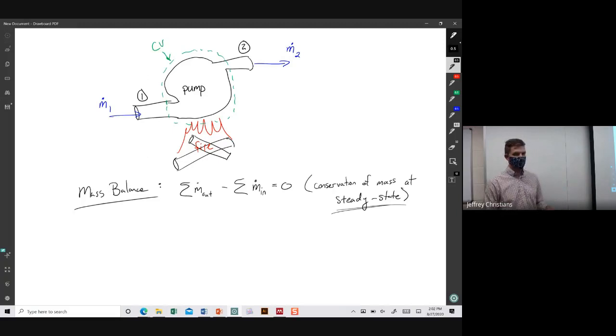Obviously, if the pump is empty of water and we just turn it on, there's going to be some amount of time where water's flowing in one side and not out the other, right? It takes a little bit to get going. Maybe it's only a second, but it didn't have water inside before, so there's going to be some accumulation.